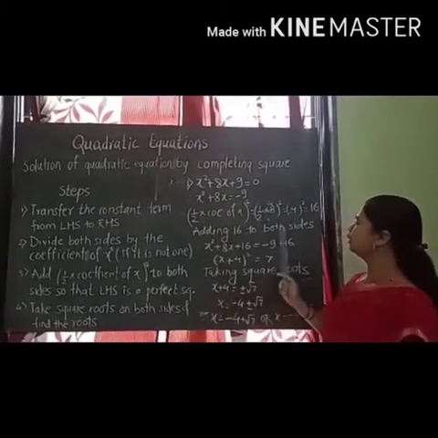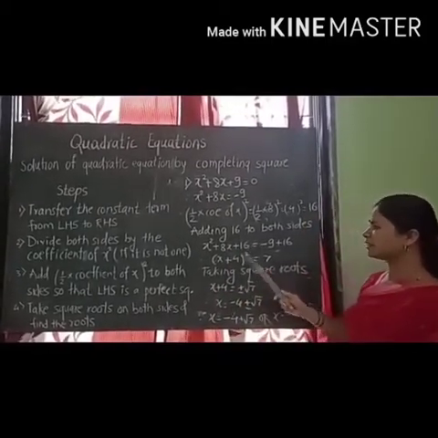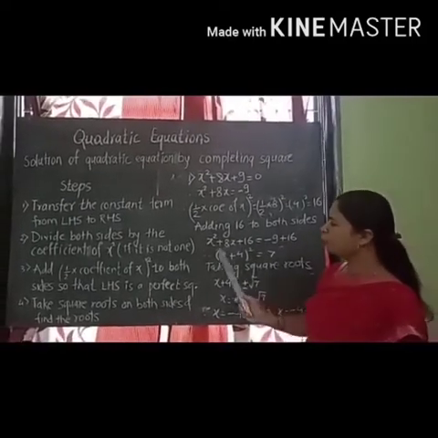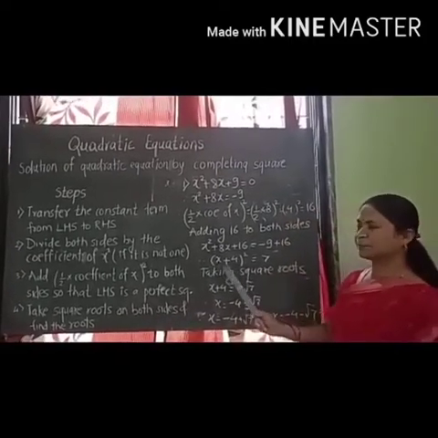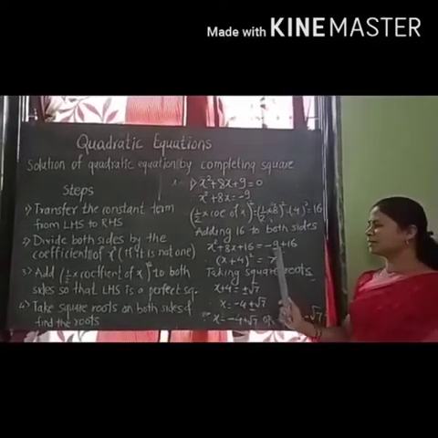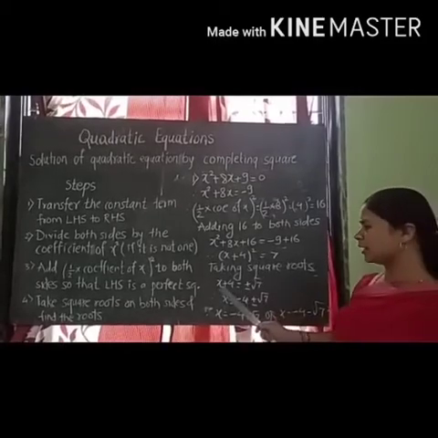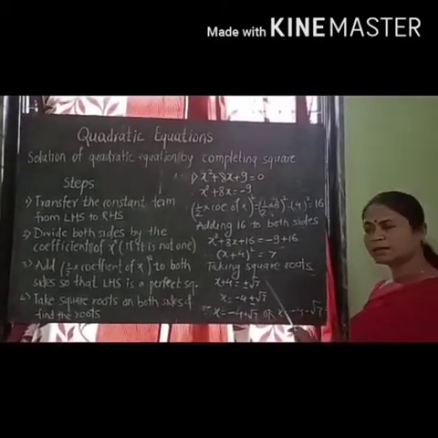We get x square plus 8x plus 16 is equal to minus 9 plus 16. Here the LHS is a perfect square of x plus 4. So (x plus 4) square is equal to 16 minus 9, which leaves 7. Taking the square roots of both the sides, x plus 4 is equal to plus or minus square root of 7.